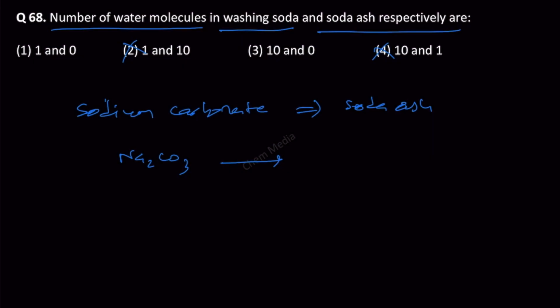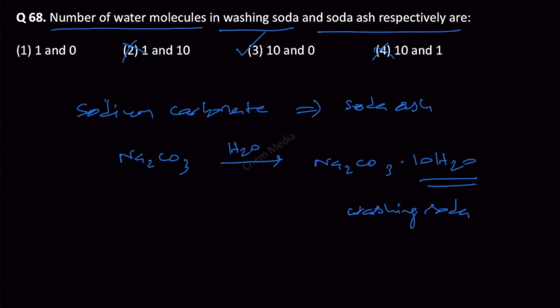Soda ash, when we dissolve in water and then recrystallize it, we would get washing soda, that is sodium carbonate decahydrate. It would have 10 water molecules. The crystal will have 10 water molecules, that is washing soda. So this means option 3 is correct.